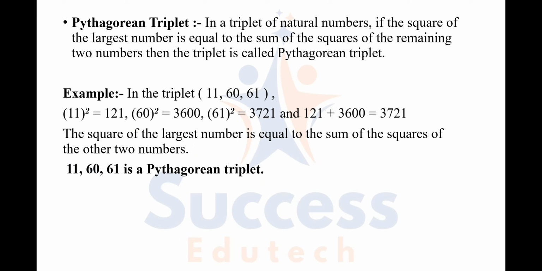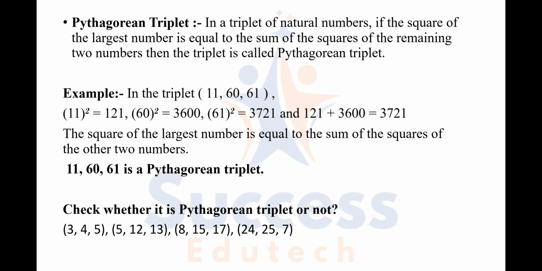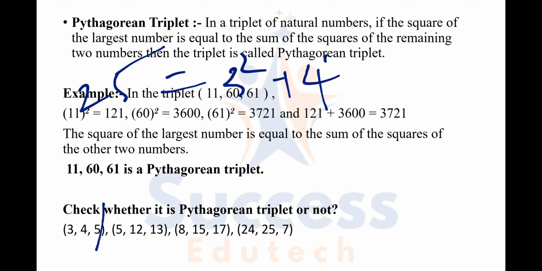Now check some examples, whether they are Pythagorean triplets or not. In the first example, the largest number is 5. 5 square is 25. The remaining numbers' squares, 3 square plus 4 square, give 9 plus 16, which is 25.